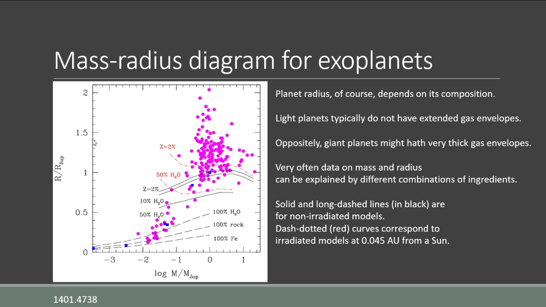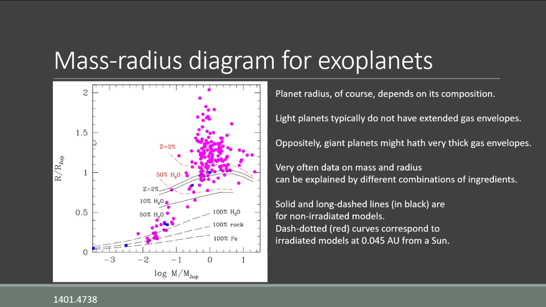What do we have? Let's start with two limiting cases. We need to take elements which are abundant in the universe. That's very important. The most abundant elements are hydrogen and helium. So very massive planets might be made mostly of hydrogen and helium, because that's, say, the only option.